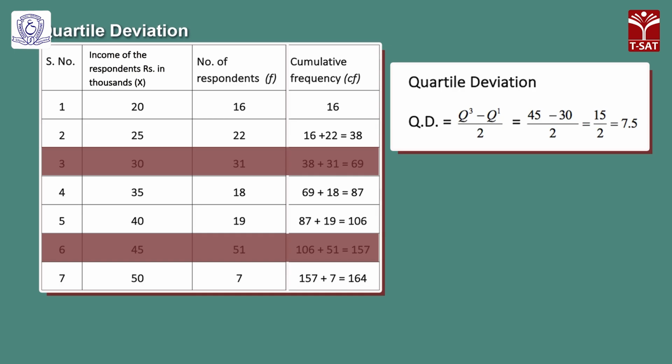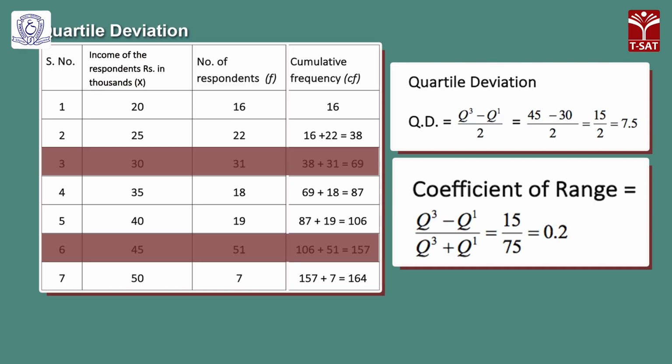So the quartile deviation is 7.5. Let us calculate the coefficient of range. (Q3 minus Q1) divided by (Q3 plus Q1) is equal to 15 divided by 75, which is equal to 0.2. So 0.2 is the coefficient of range.